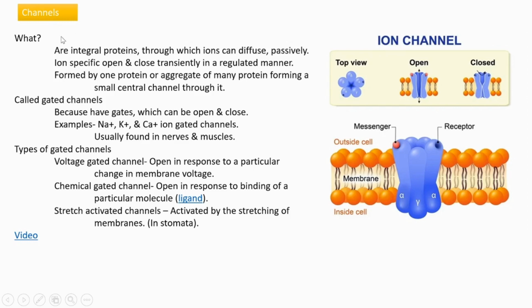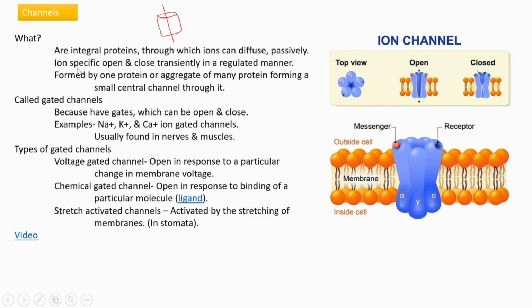Next is about channels. As the name itself makes clear, a channel is something having a central pathway. Channels are again integral proteins, spanning completely, through which ions can diffuse passively without the requirement of any energy.